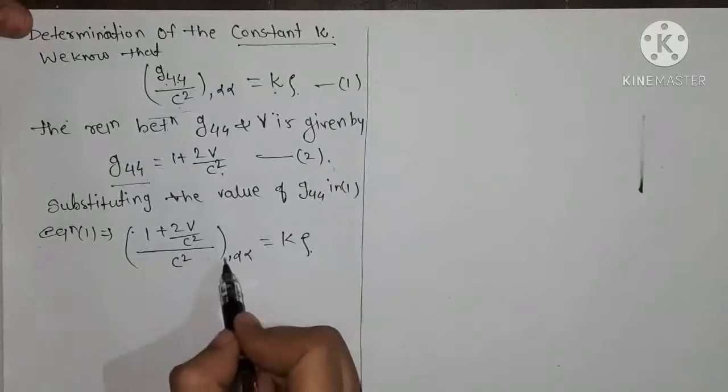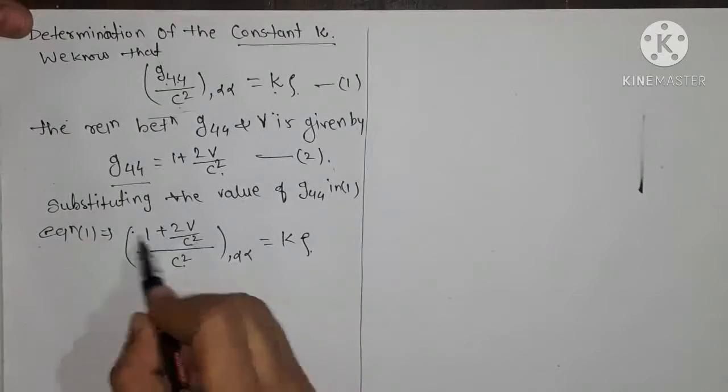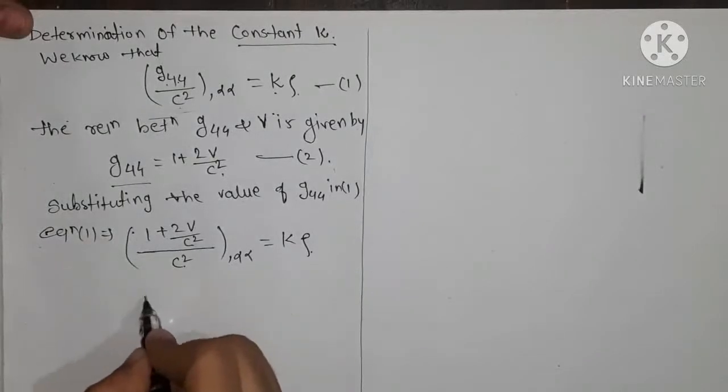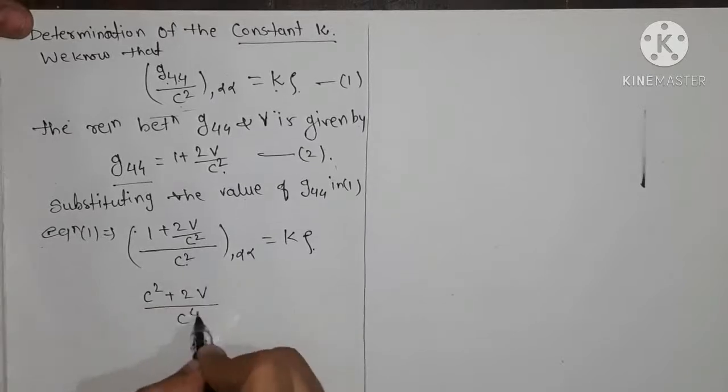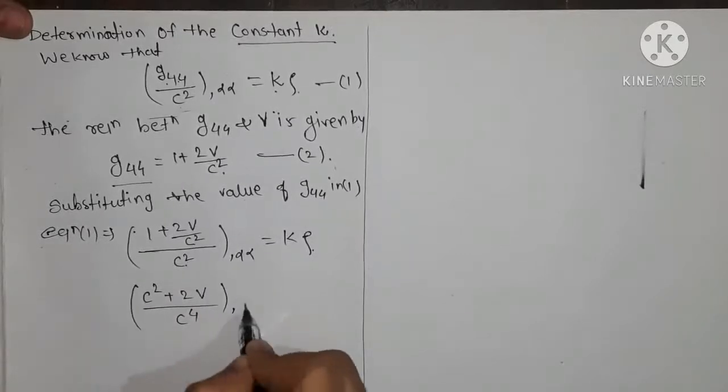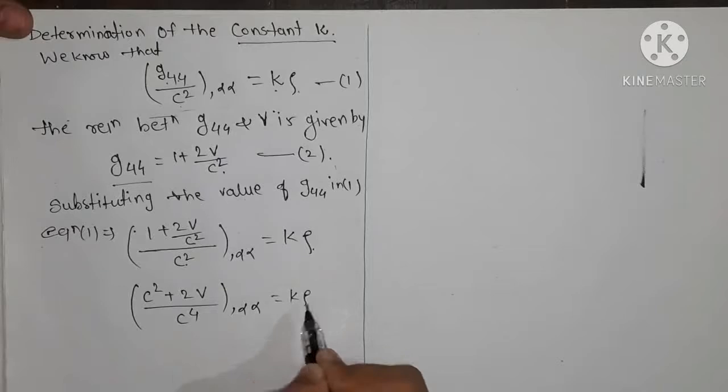Now we multiply by c square, taking cross multiplication, we have c square plus twice V upon c to the power 4, comma alpha alpha equals K into rho.